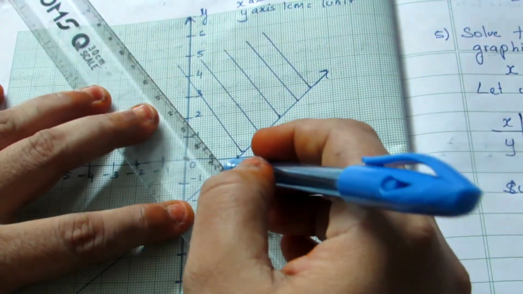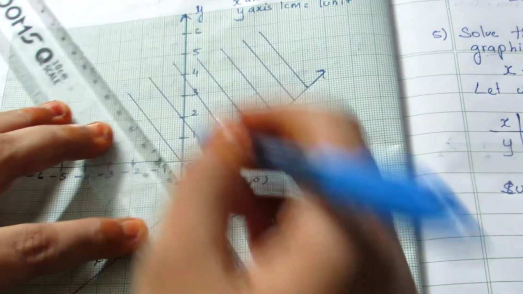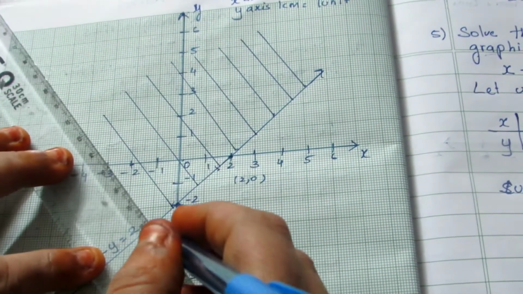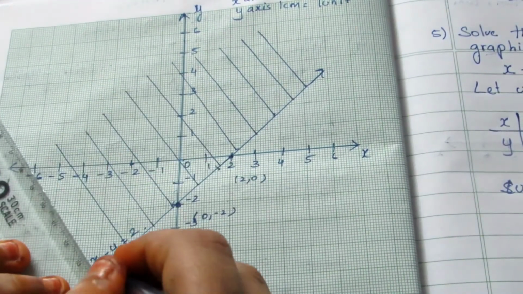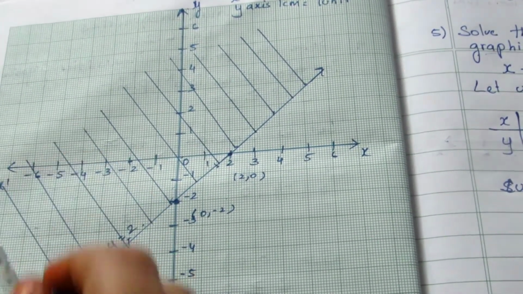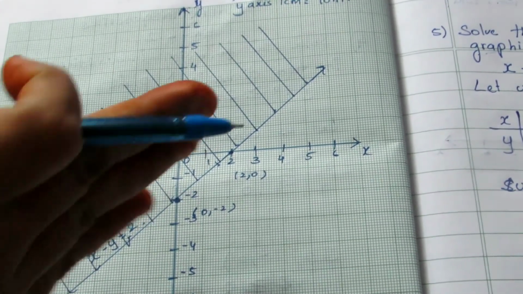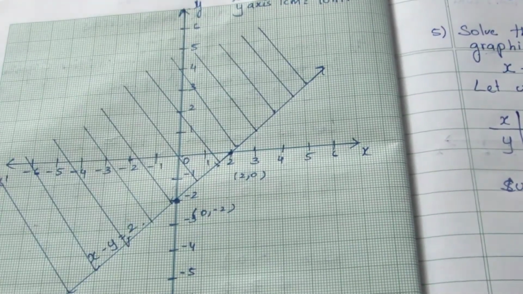For inequalities, you need to shade the place because it is not from a single line or a single point, it can be many points. So shading will tell you that this is the place of the given graph.